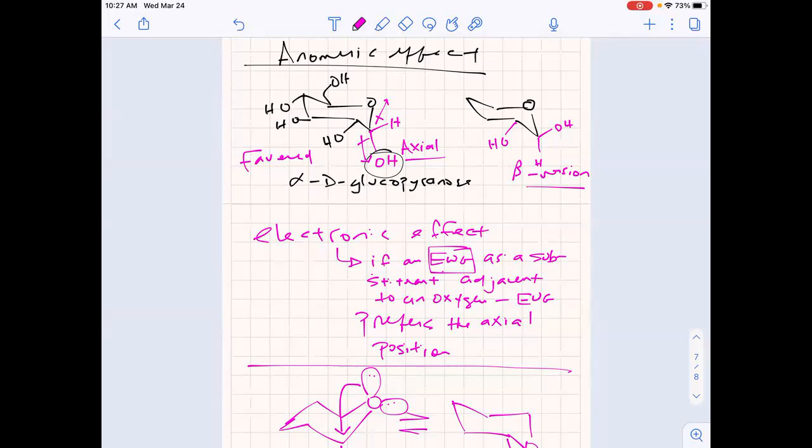So with that being said, when you look at the effect of having heteroatoms in the ring and how it affects the reactivity, how the actual conformations of rings can affect the reactivity, let me show you one example of that. And then we're going to talk a little bit about A12 interactions.